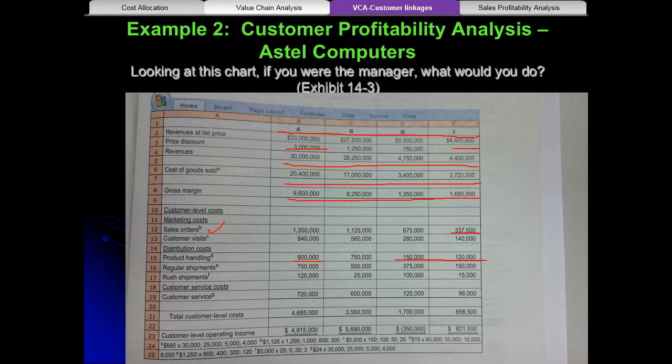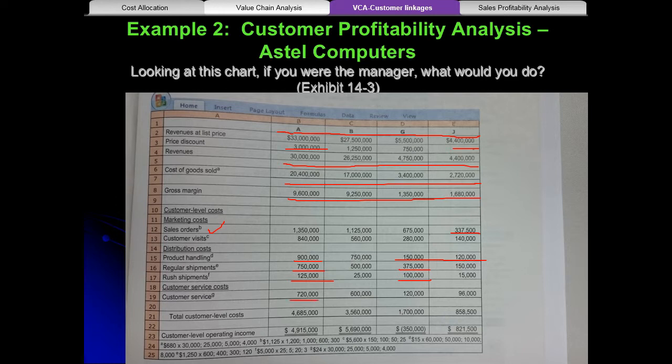Interestingly, we had A having twice as many shipments as G, but rush shipments, A only had a little bit more than G. As I mentioned earlier, G had many more percentages of rush shipments compared to A. Hence, there's a greater proportion of the shipment costs allocated to G versus B versus J versus A compared to the total shipments of G.